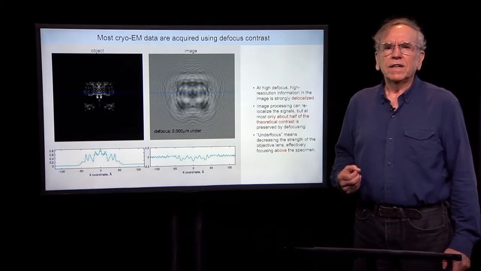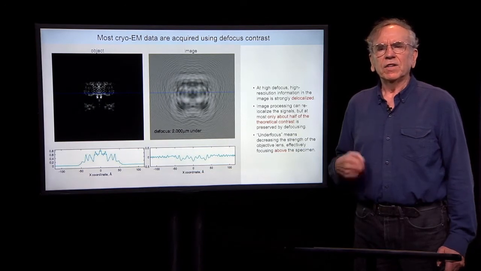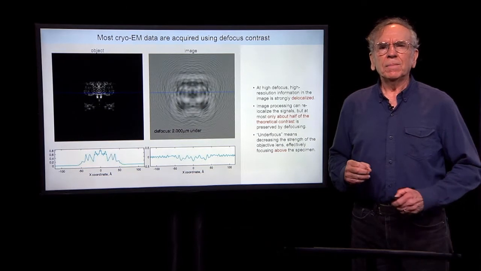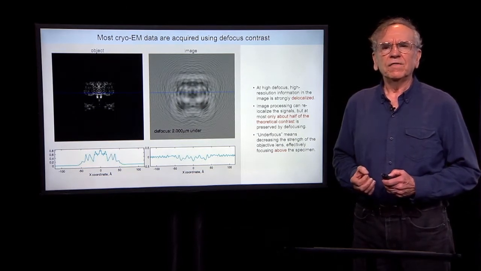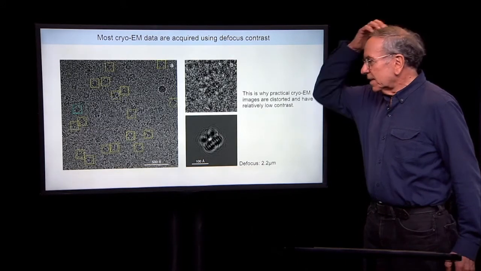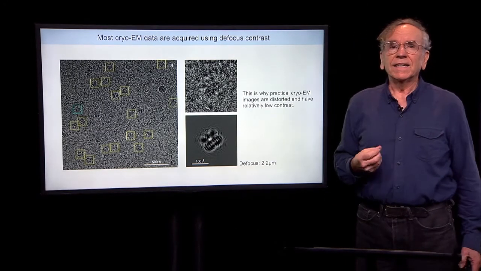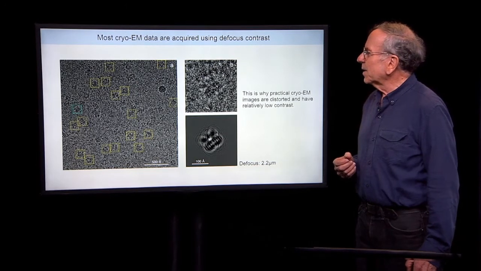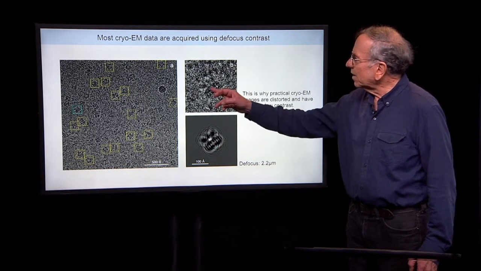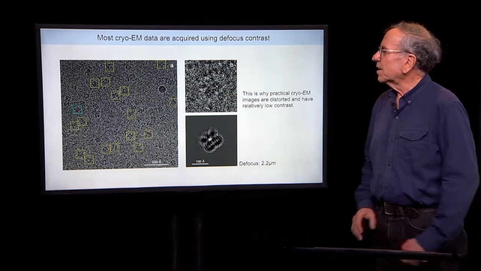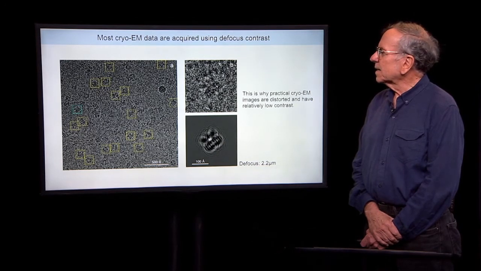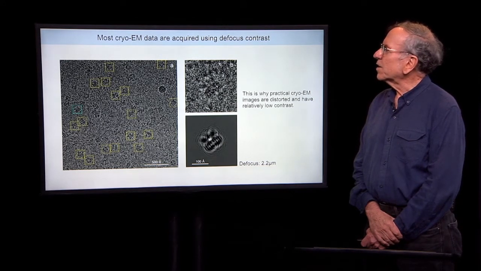This is why there's a lot of interest in phase plate technology, which we'll talk about later, but at the moment, most cryo-EM images are taken with this kind of defocus contrast. And that contrast is lower than it theoretically could be, and of course it's the low contrast of the objects that we are taking pictures of that contributes to the low signal-to-noise ratio.